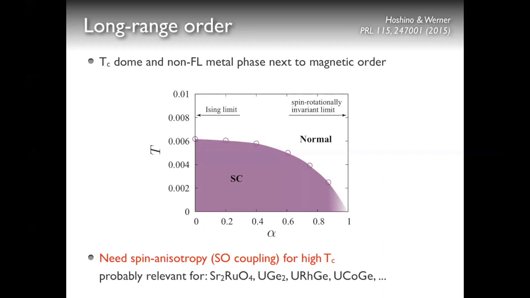So this spin freezing induced superconductivity is a scenario which is relevant for materials which have heavy elements and therefore strong spin orbit coupling. It could be relevant for strontium ruthenium compounds, but in particular, I think it is relevant for uranium-based superconductors. And it's not, for example, relevant for pnictides, which would be in the spin rotation invariant limit.